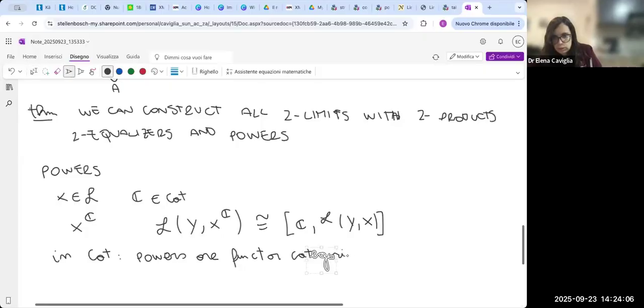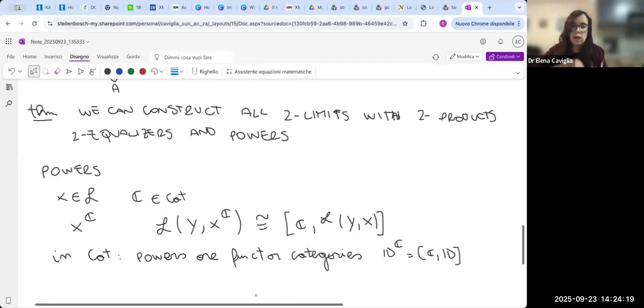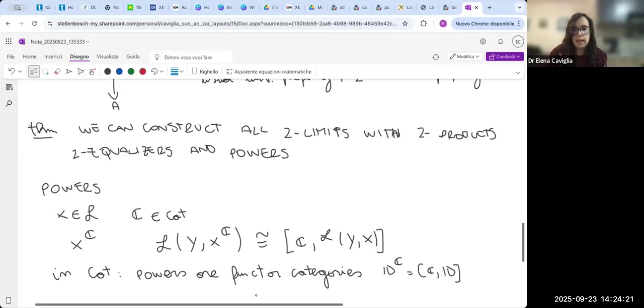So it's an object we know. D to the C is just the functor category from C into D. But more in general, we can define powers for any two categories, and we can construct all two limits using two products, two equalizers and powers.